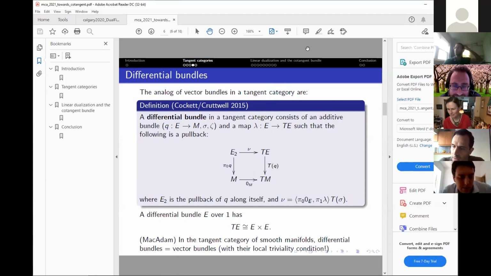So let me phrase it like this: what changes if you assume that your tangent category is extensive? I'm sure there's something else you can prove that you cannot do in the fully abstract context. Yeah, that's a good question. I haven't looked at that, and I don't know anybody that has. Yeah, it's a good question.